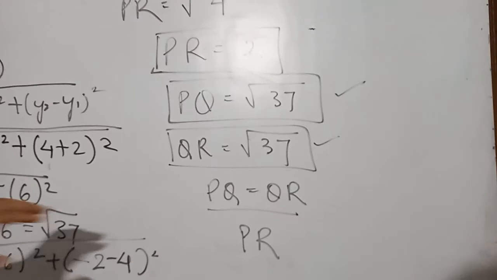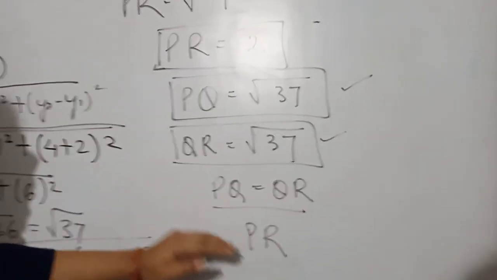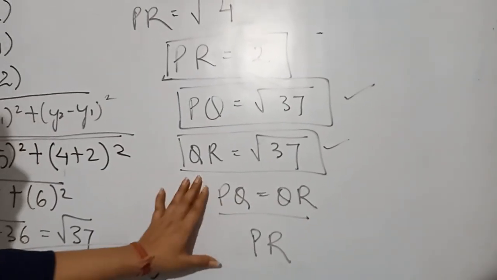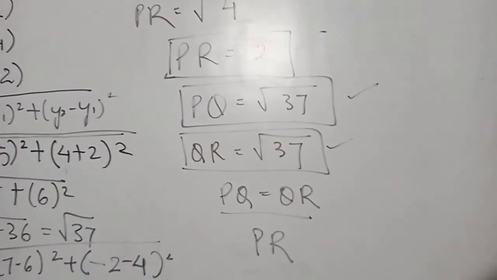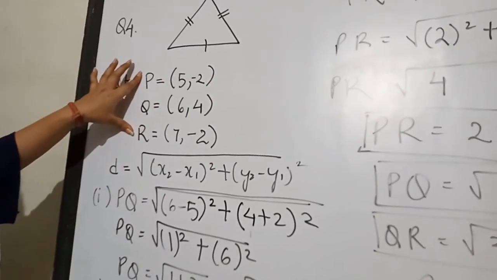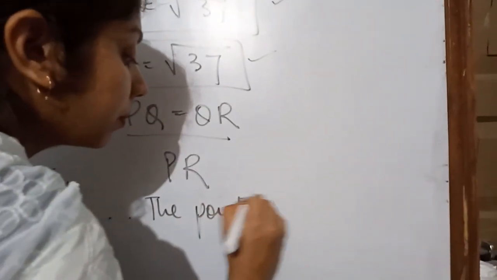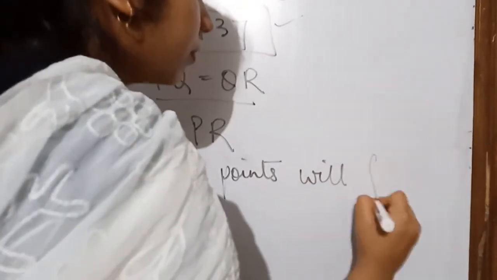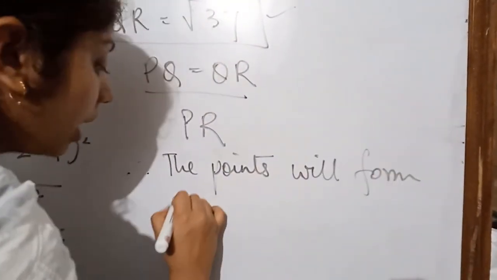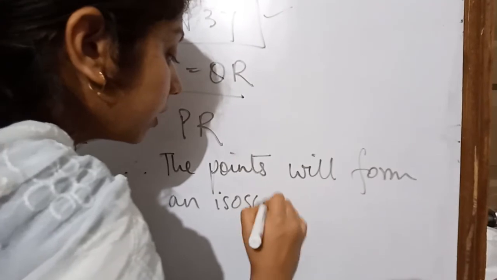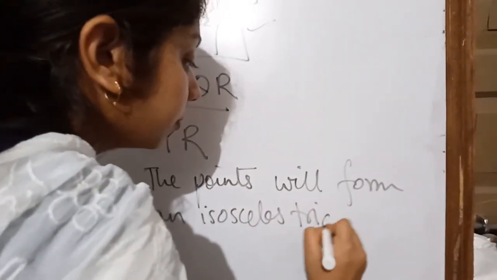That means PQ is equal to QR and PR is of different length. Hence these points PQR will form an isosceles triangle. So over here you will write, therefore the points will form an isosceles triangle.